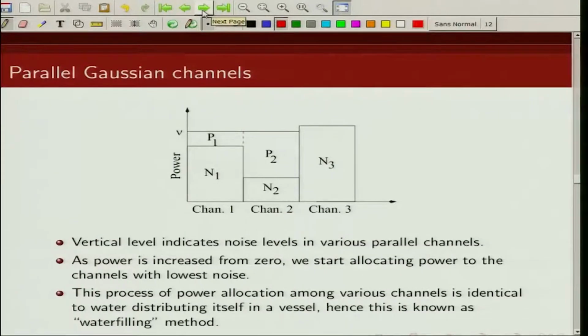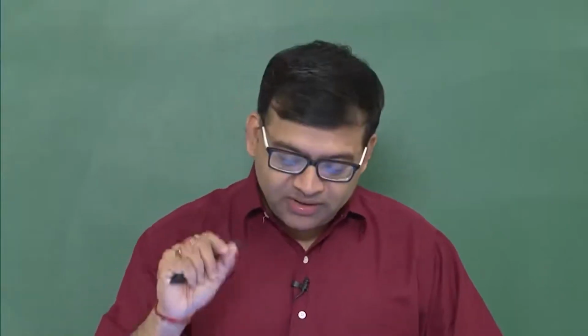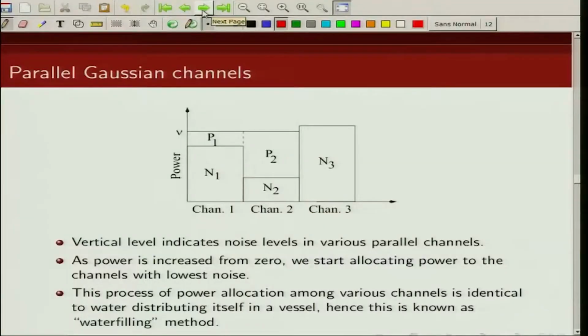This is precisely the way this power allocation strategy works. You can think of those items I put in the bucket as the noise level. Once I start allocating power, I will give power to those channels which have less noise until power plus noise becomes equal to the noise of some other channel, and then that channel will also start getting some power.